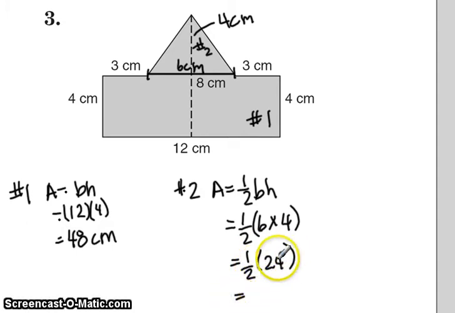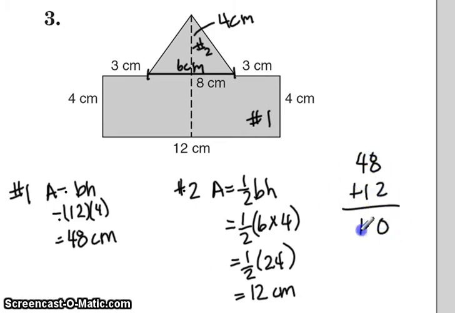Now we're going to take half of 24, which is 12 centimeters. So now I'm just going to add up my two shapes. 48 plus 12 is going to be 60. So my rectangle plus my triangle, that irregular shape, is going to be 60 centimeters squared.